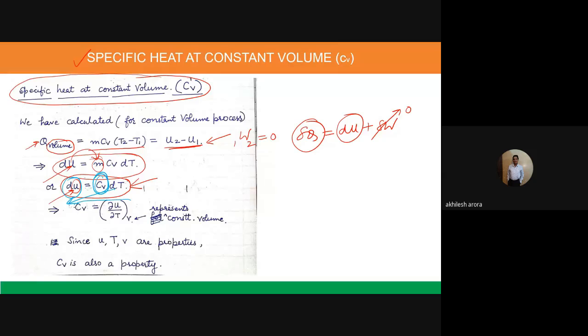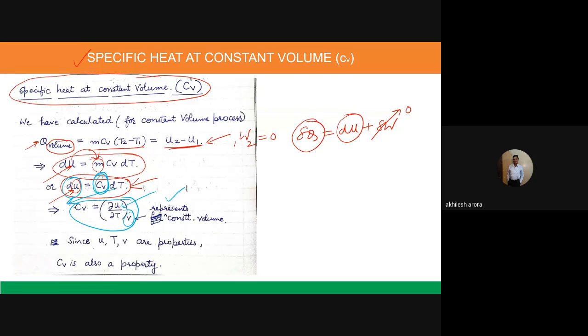CV is equal to del U by del T at constant volume. I am taking partial differentiation because partial differentiation is taken when you are considering certain other parameter as constant, so that is why volume is taken as constant here.